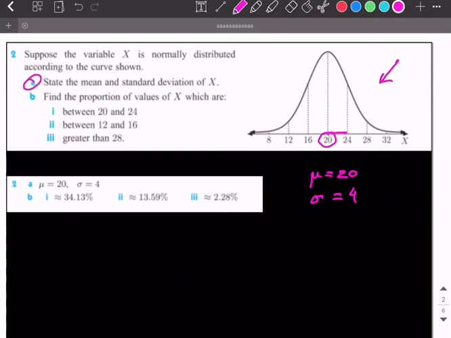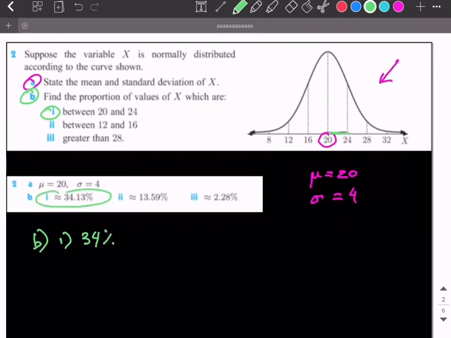Now let's go to B. Find the proportion of values which are between 20 and 24. Between 20 and 24 is one standard deviation, so for the IB, you could just have answered that it is 34%, or let's be exact, 34.13.